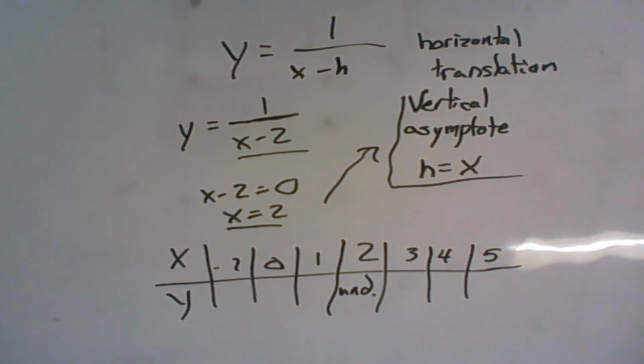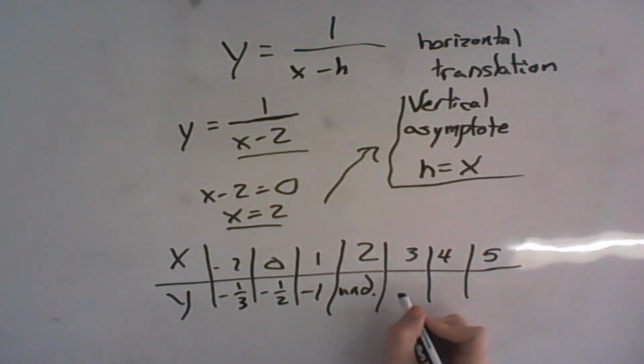So then this 1, if we plug it in, we get negative 1. Plug in 0, we get negative 1/2. Plug in this, we get negative 1/3. Plug in 3, we get 1.